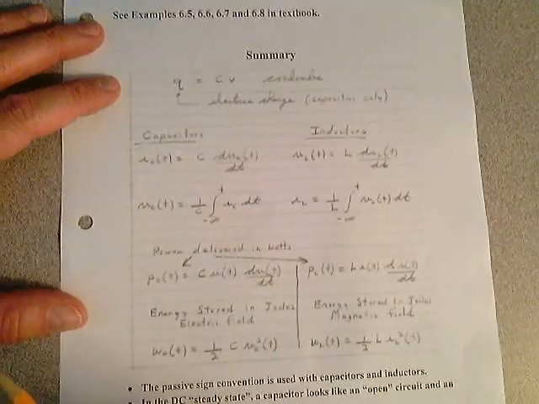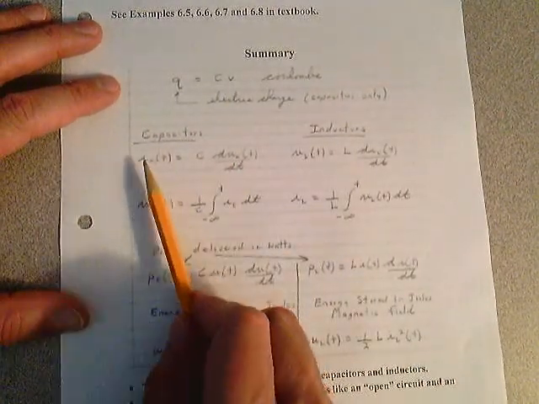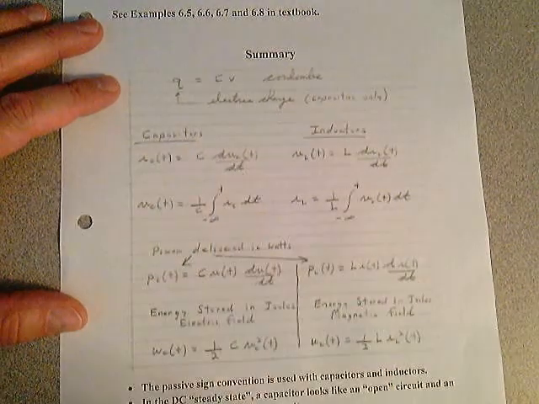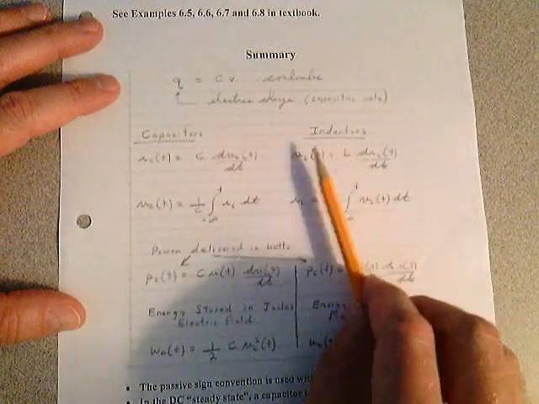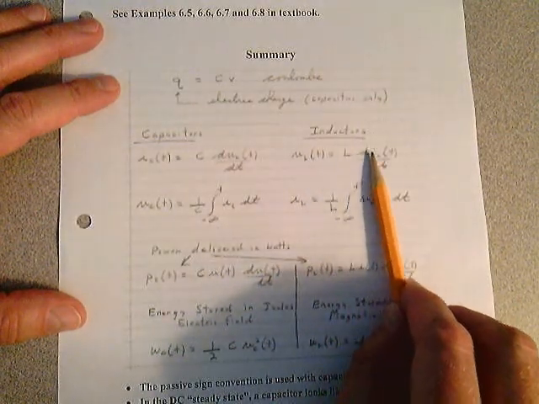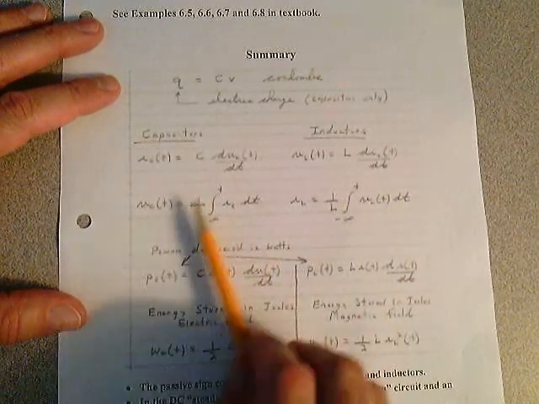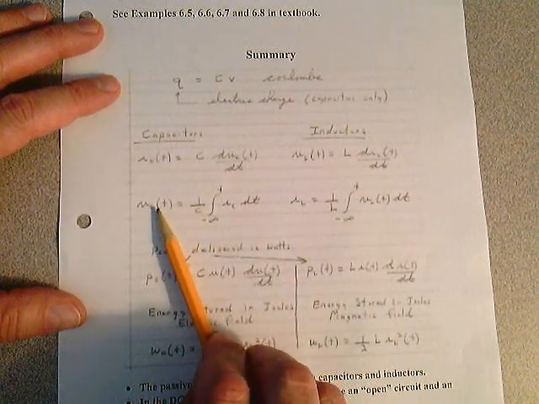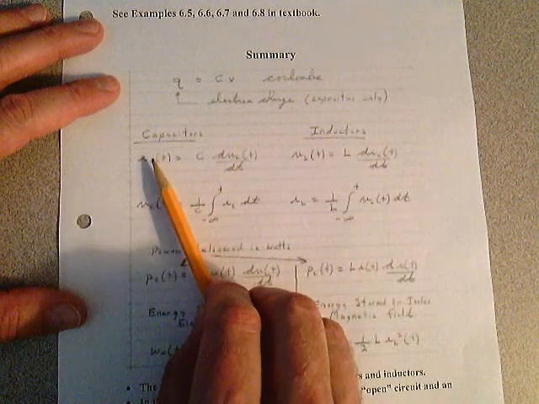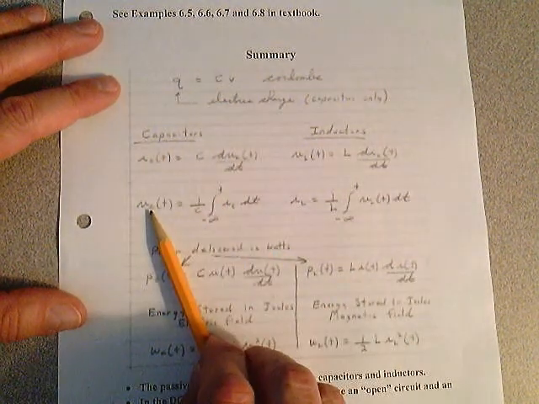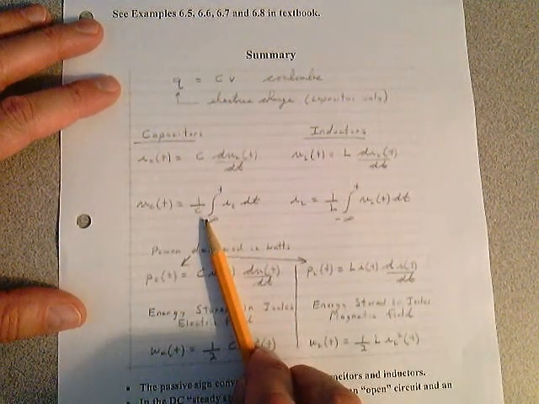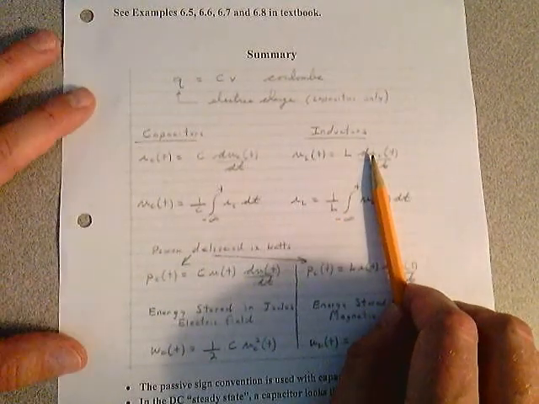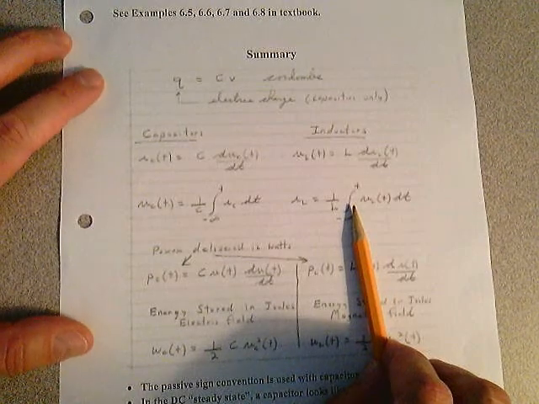For capacitors, the current through a capacitor is C dV dt. And the voltage across the inductor is L di dt. And then you can get the corresponding parameter for capacitors: if the current is a derivative, the voltage is going to be the integral. And for the inductor, if the voltage is a derivative, the current is going to be the integral.